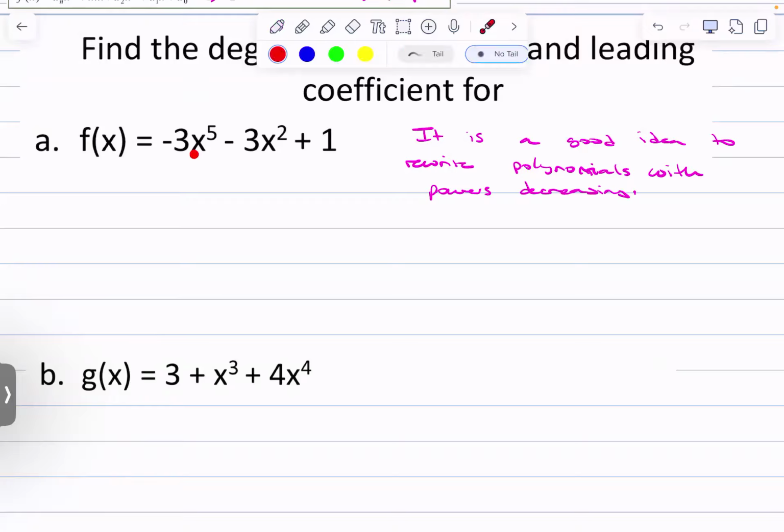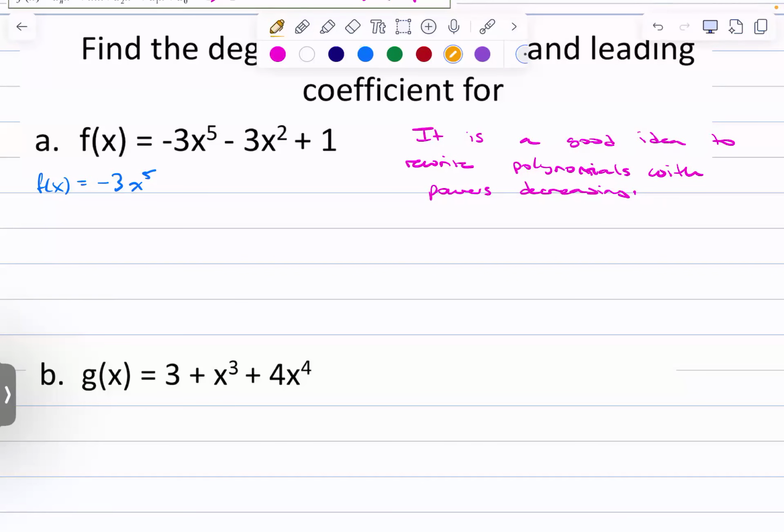So you just want to check, right? So I've got x to the 5 and then x to the 2 and then technically x to the 0, right? If you had to fill in the blanks here, right? What's actually going on here? F of x is negative 3x to the 5. That'll be our highest power. Right?